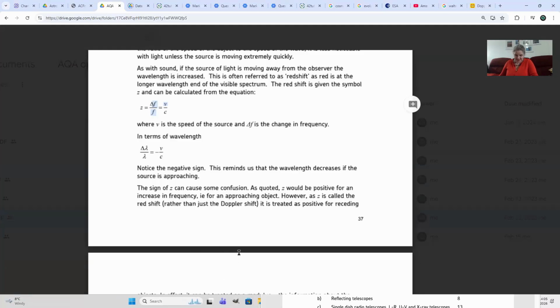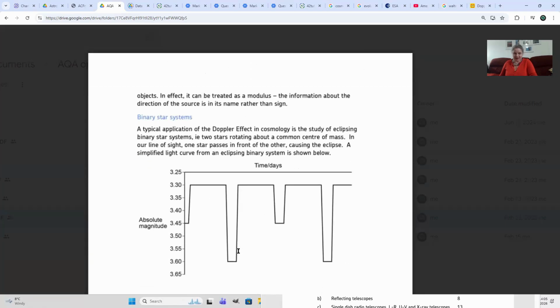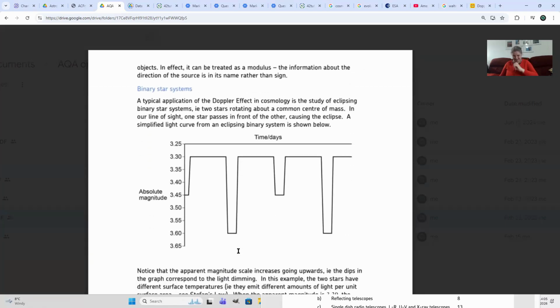So this next section is about an eclipsing binary. Binary star systems. If you've got 2 stars, they're never quite the same. Even if they were, as they go round each other, one of them goes in front of the other and blocks out the light. Remember that stars are black bodies. They absorb the light that falls on them.